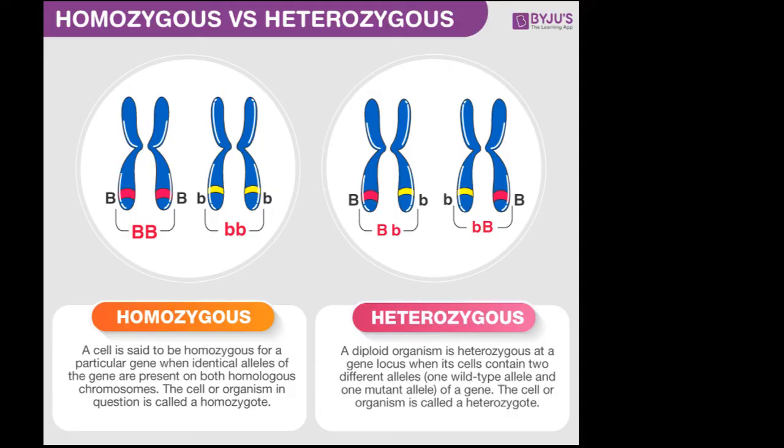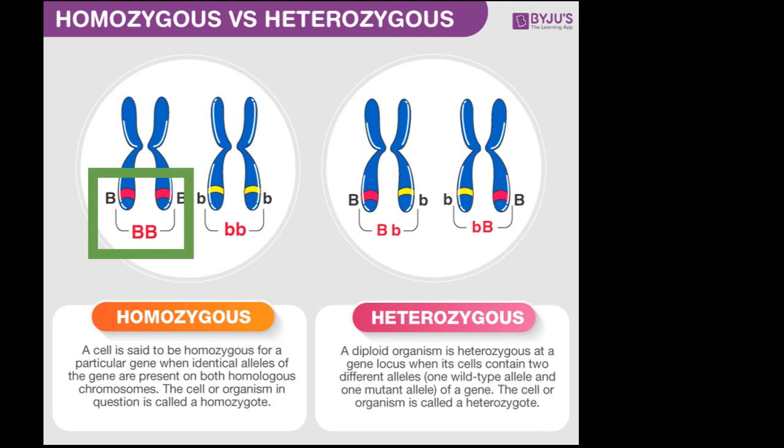On the left-hand side of the screen, you're seeing a pair of homozygous chromosomes. This one here has, let's say, B genes. Maybe B is for, I don't know, blue eyes. Okay, so this one on the far left has got 2 versions of the B gene, so 2 different alleles, and they both have to be big B's.